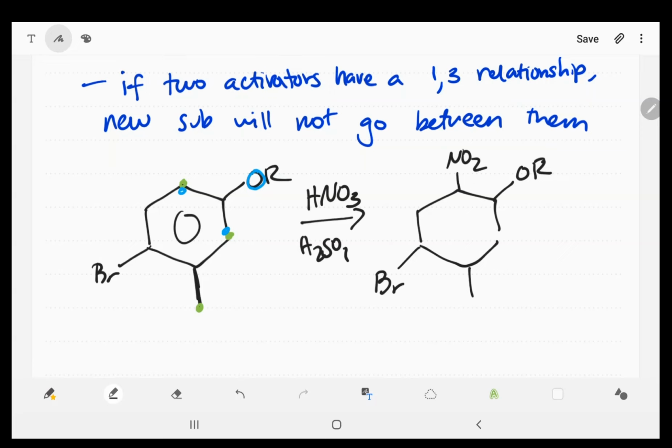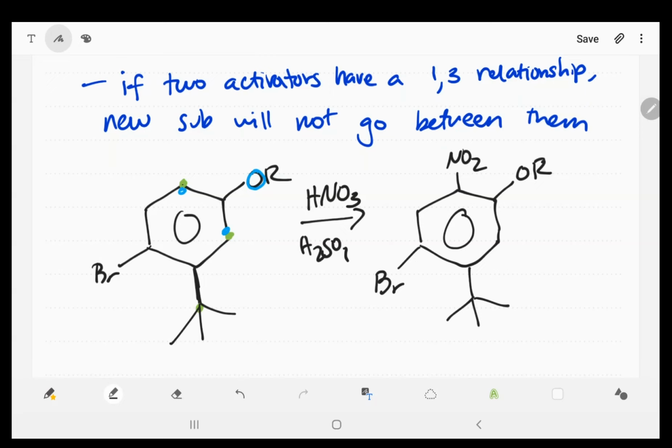We're going to end up putting it ortho to the oxygen, but not adjacent to the methyl. That other ortho position does not get attacked because of steric reasons. Methyl is a kind of terrible choice here. We'll make it t-butyl, really obvious. The t-butyl group will shield that other position.